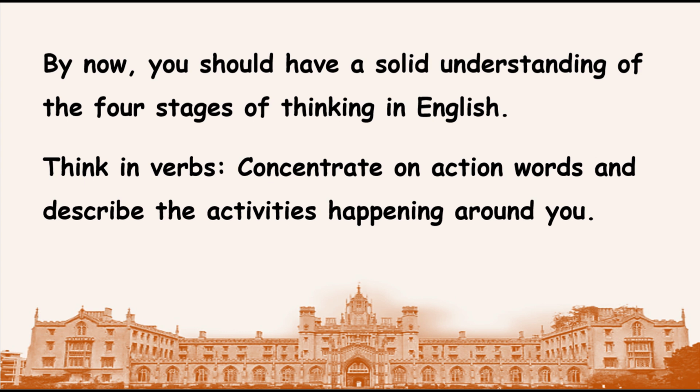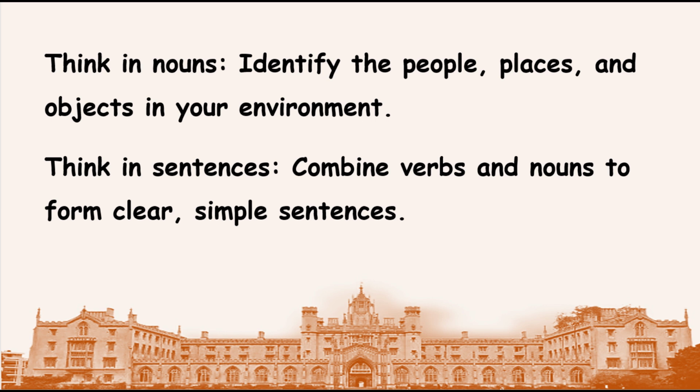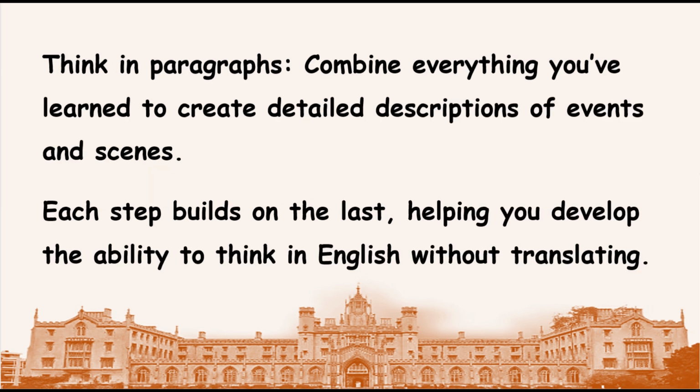By now, you should have a solid understanding of the 4 stages of thinking in English. Think in verbs. Concentrate on action words and describe the activities happening around you. Think in nouns. Identify the people, places, and objects in your environment. Think in sentences. Combine verbs and nouns to form clear, simple sentences.